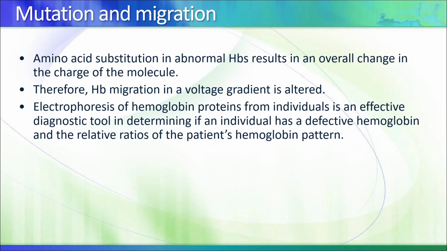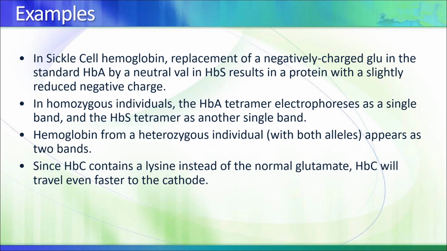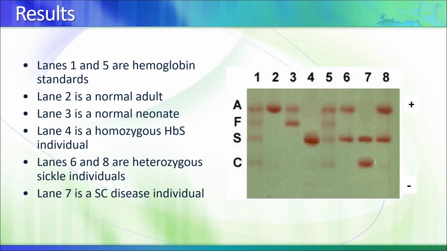And as a result, hemoglobin molecules would travel differently. Okay, so this electrophoresis technique depends not on the size of the hemoglobin molecule, rather it depends on the charge of the molecule. So you can read this on your own.